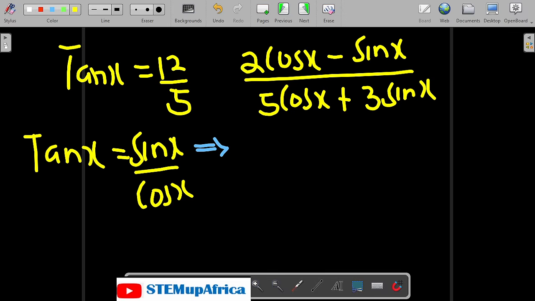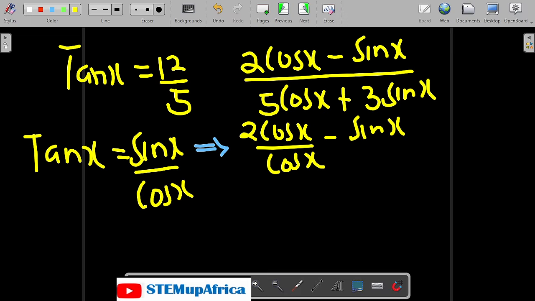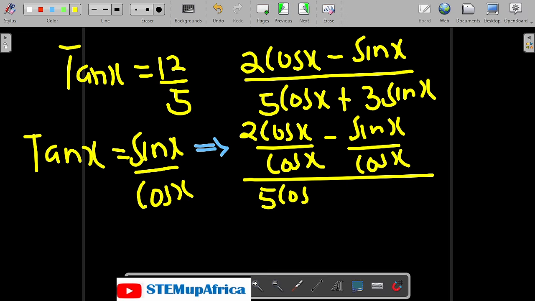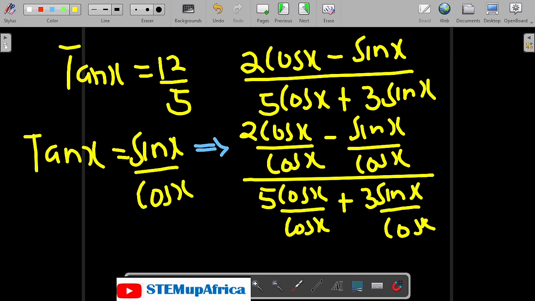We are going to have 2 cos x over cos x minus sin x over cos x, divided by 5 cos x over cos x plus 3 sin x over cos x, such that cos x will cancel cos x. So let's write what's left.